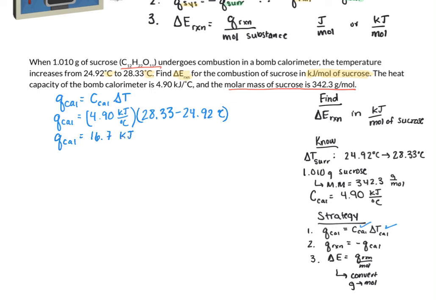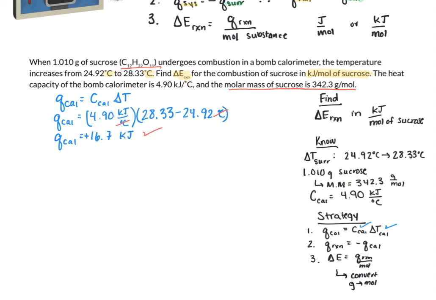Notice because degrees C will cancel with degrees C when we multiply those together, we end up in units of kilojoules. Also notice that this value we end up with is positive. That's what we expect because the calorimeter is gaining energy. The energy is being released from the reaction and gained by the calorimeter. Okay, so that's our step one. We found Q of the calorimeter.